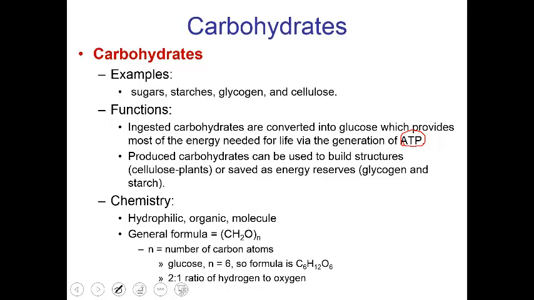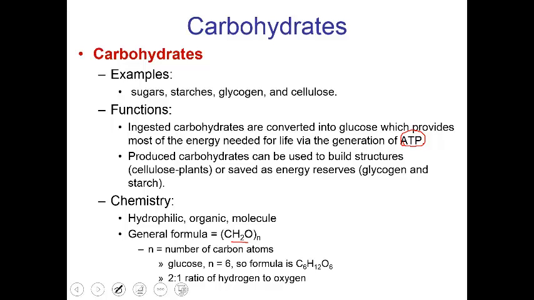When we talk about the chemistry of carbohydrates, like I said before, they consist of carbons, hydrogens, and oxygens. Now carefully look at the ratio of carbons to hydrogens to oxygens. For every 1 carbon, you are going to have 2 hydrogens and 1 oxygen.